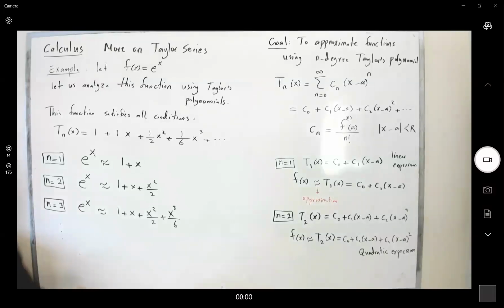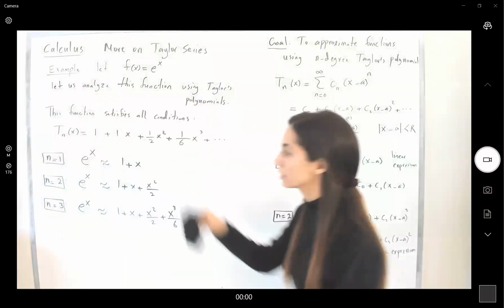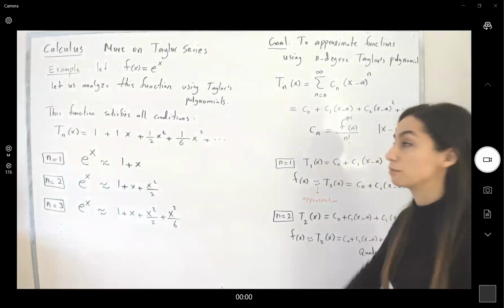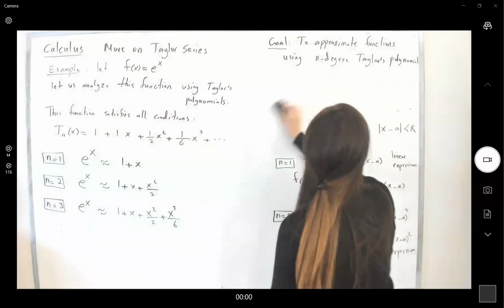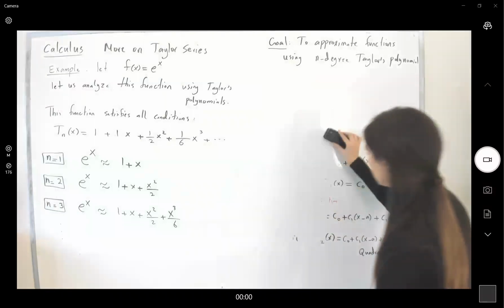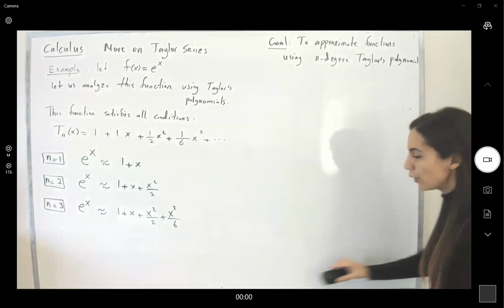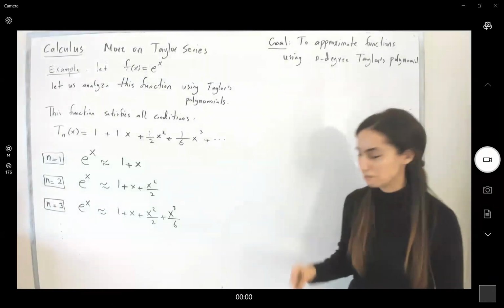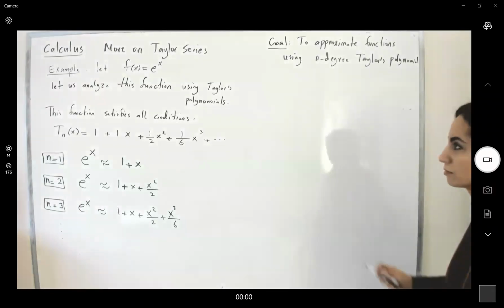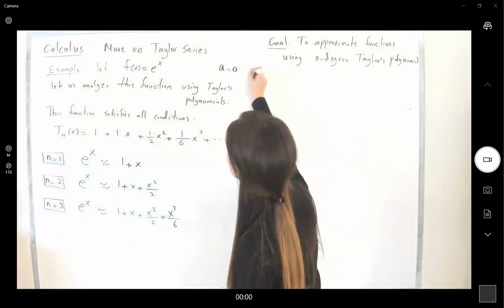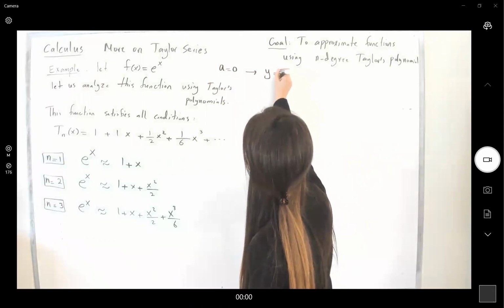Well, let's take a look at the graph. We want to approximate this function using some polynomials. You all know how to graph e to the x. When a is equal to 0, remember that your center is equal to 0. It means that your y value is equal to 1.